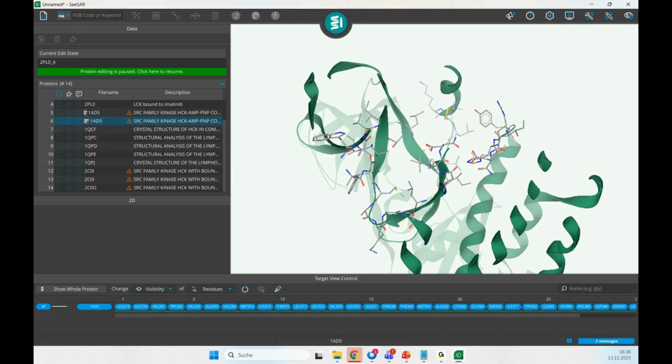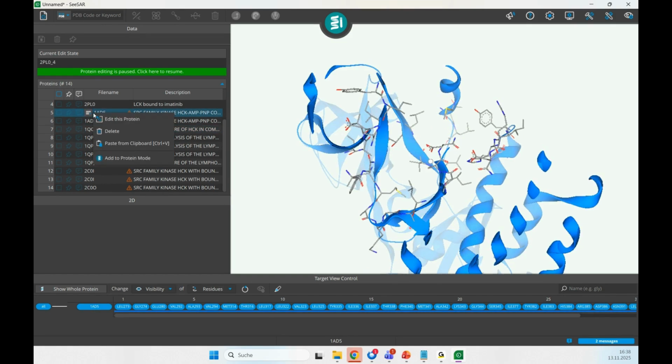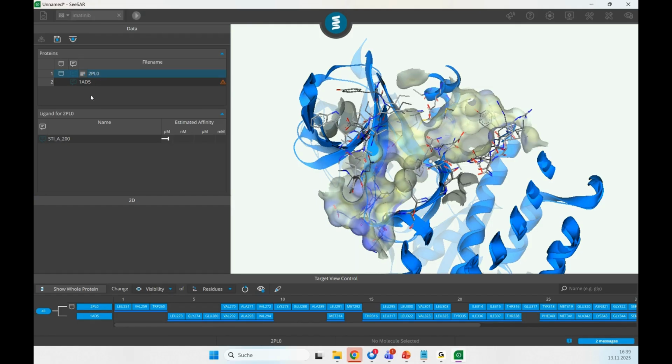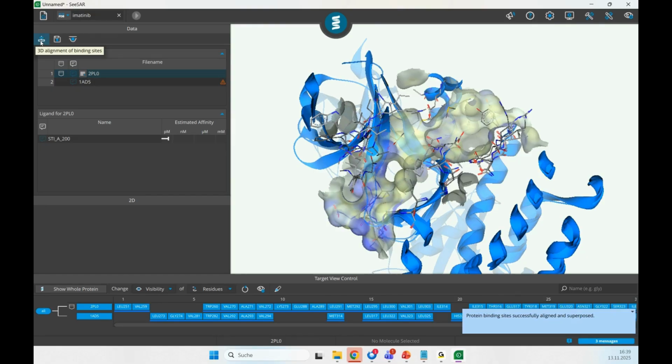So basically, you can also see magnesium in some of them. And now I'll just select one of them, the first one, add it back to the protein mode. And if I have two proteins with similar binding sites, I will define a binding site again. If you have two proteins with very similar binding sites, we can use this particular button to align the binding sites.